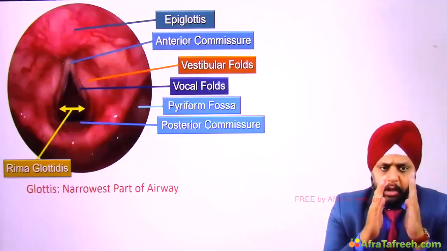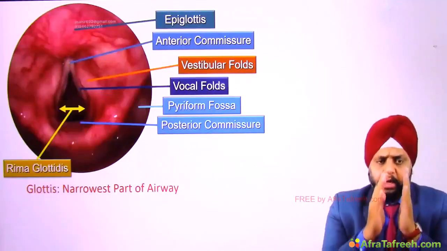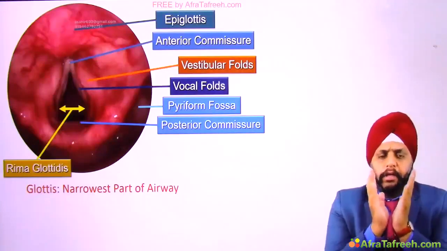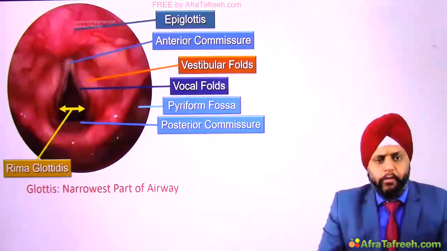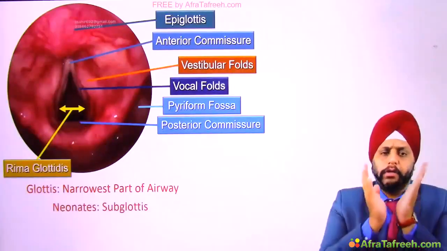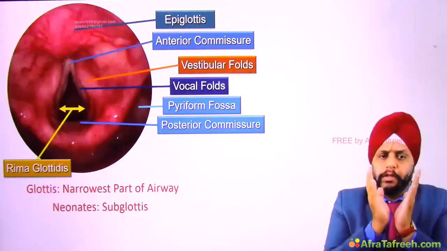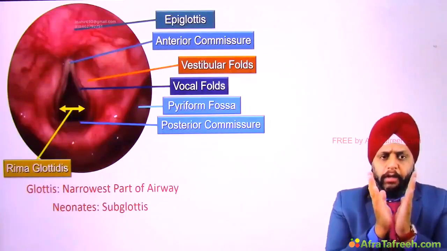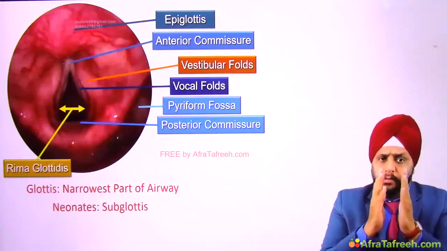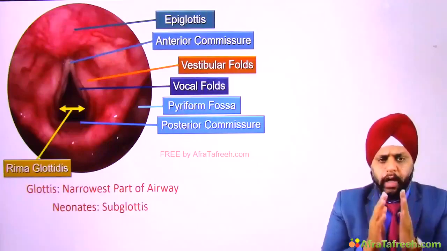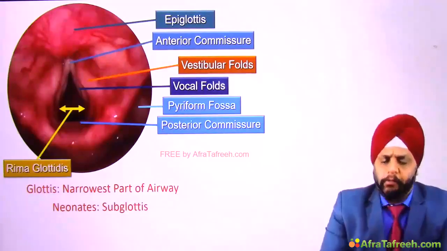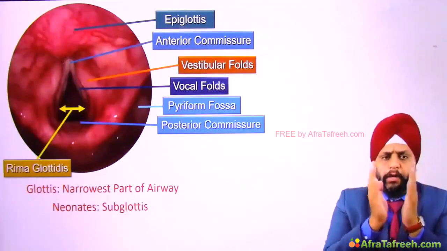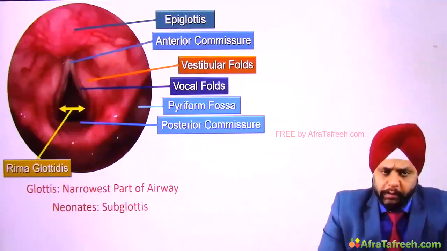Now in neonates, the larynx is funnel shaped like this. Therefore, in neonates, the narrowest part is the lowermost part, which is the subglottis, right? However, in adults, the funnel shaped larynx becomes a tubular larynx. So therefore the glottis becomes the narrowest part. So subglottis is the narrowest part in neonates, and glottis is the narrowest part in adults.